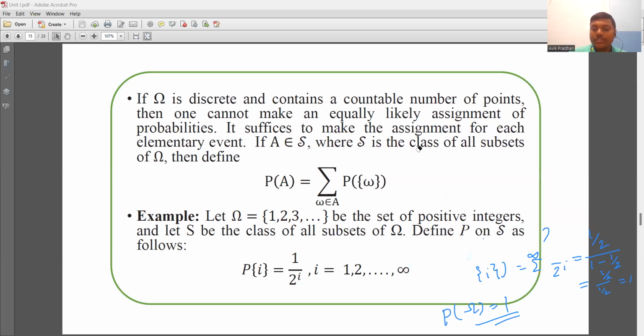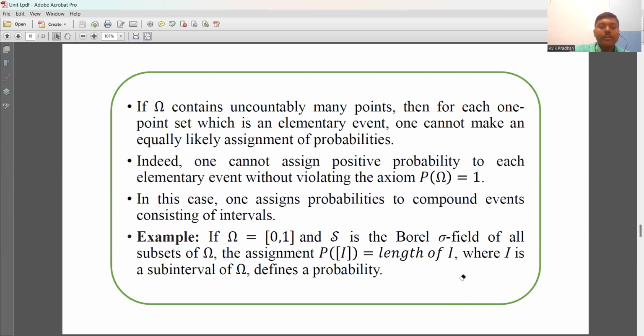Okay, so let us see one more example. In the last example, we considered a countably infinite set, where the set of all possible outcomes is a countable but infinite set.